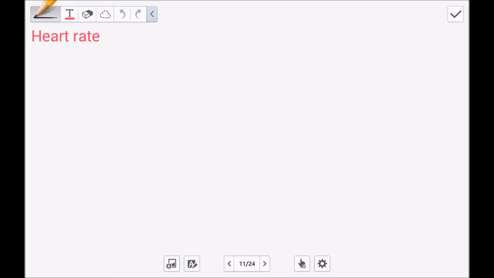Okay, so now we're going to talk about the heart rate. The heart rate, like we say, was just how fast the heart was beating per minute. In an adult, usually anywhere between 60 to 100. Some of the factors that affect the heart rate is the sympathetic nervous system and the parasympathetic nervous system. This is your fight or flight.